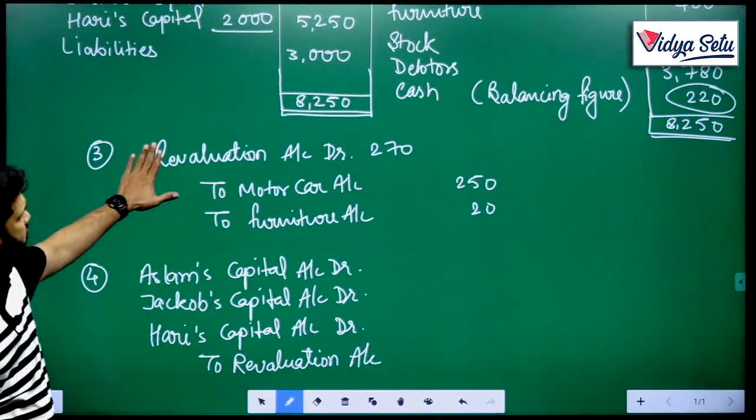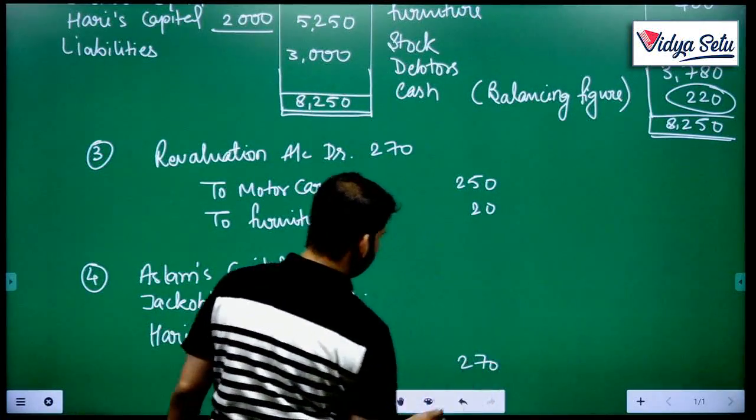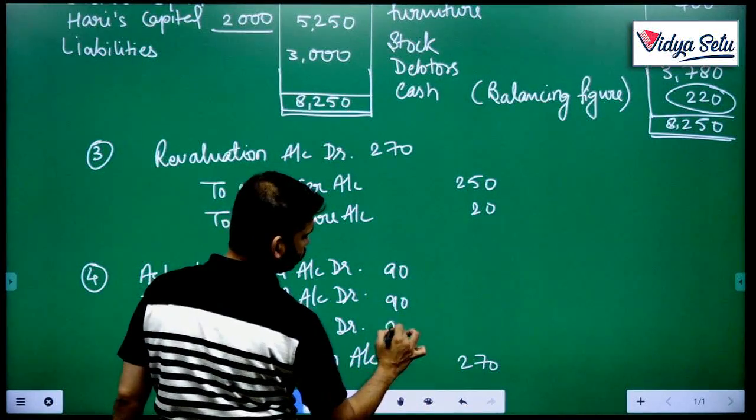See, now revaluation was debited here, revaluation is getting credited here to the amount of 270 and will be distributed in the old ratio of 1:1:1.